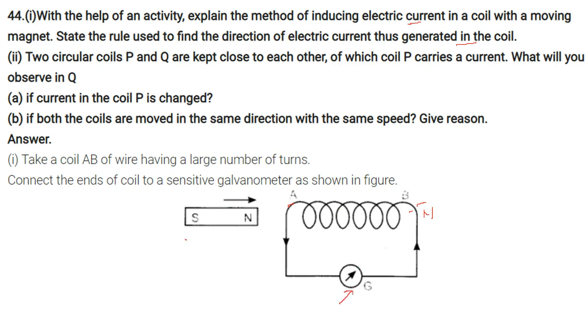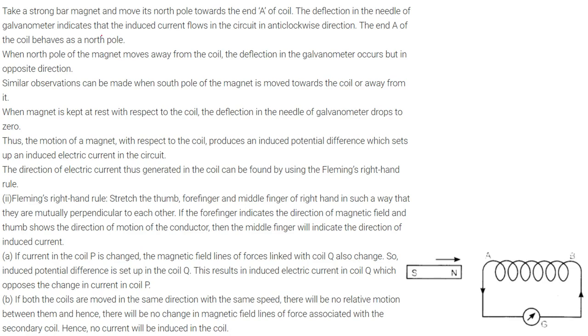This is your bar magnet. Take a strong bar magnet and move its north pole towards A. The deflection in the needle of the galvanometer indicates that the induced current flows in the circuit in the anti-clockwise direction. The end A behaves as a north pole.